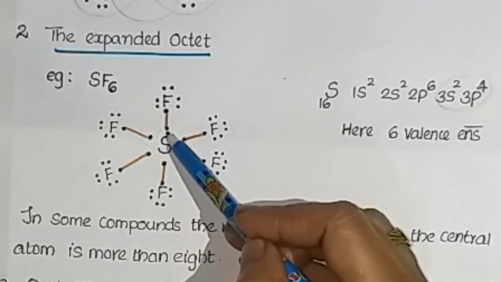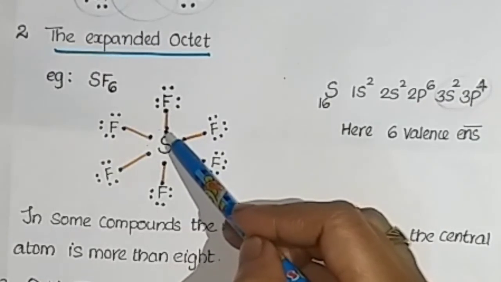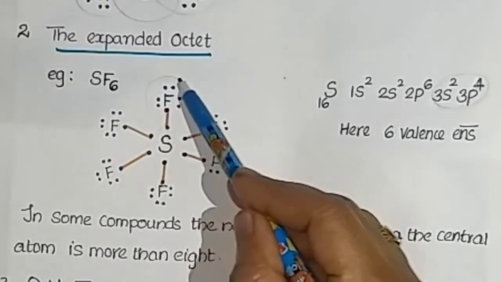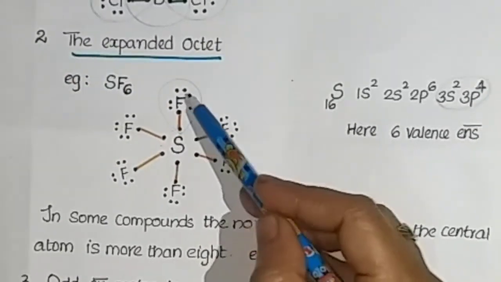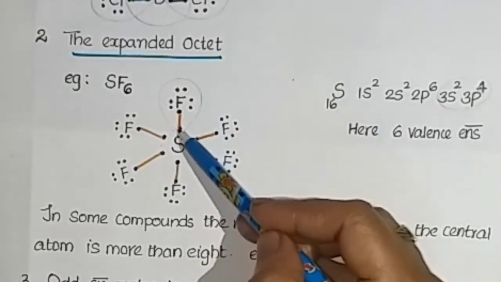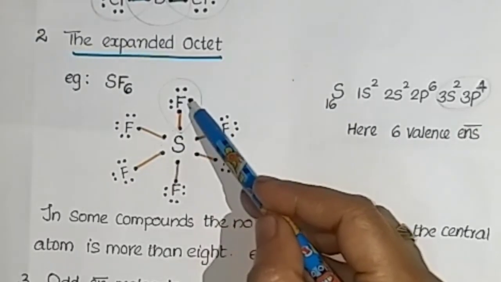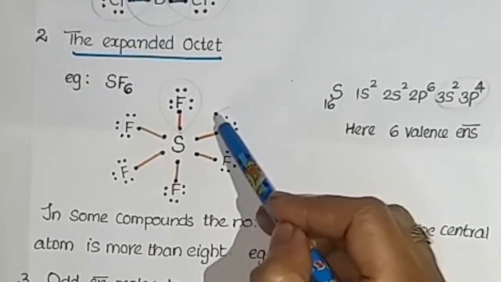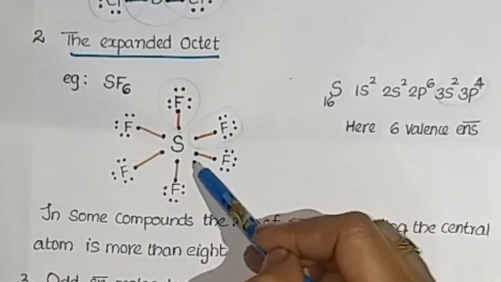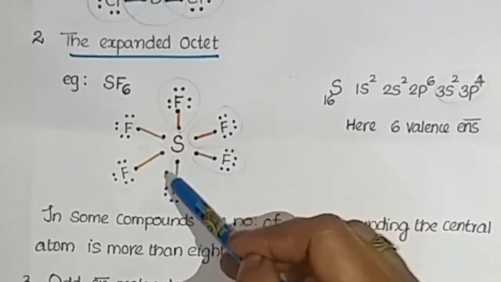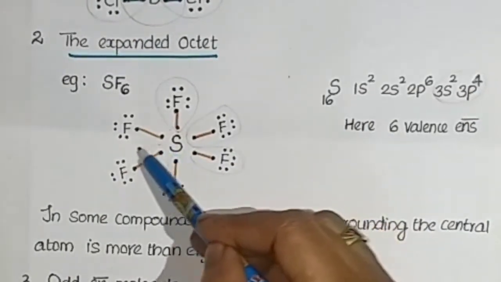Here fluorine completes its octet by bond formation by sharing one electron with sulfur. This fluorine atom completes its octet, 1, 2, 3, 4, 5, 6, 7, 8, and similarly all fluorine atoms complete their octet. You can see in the figure.